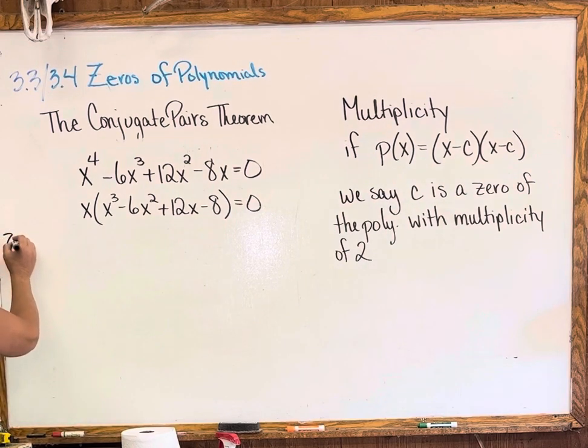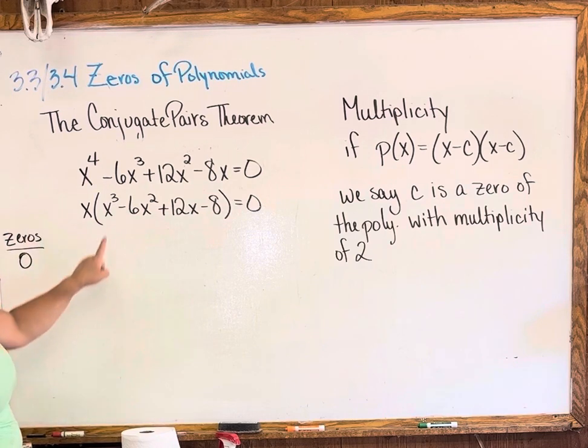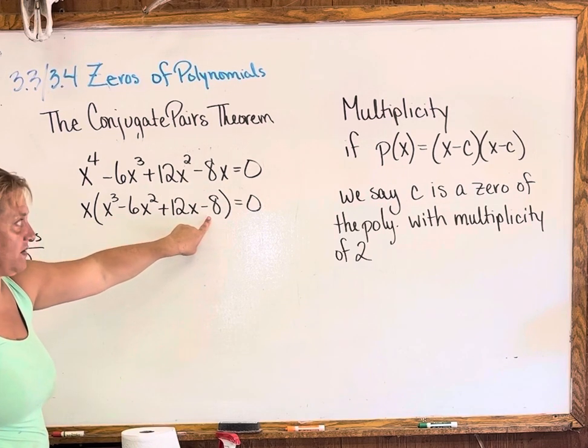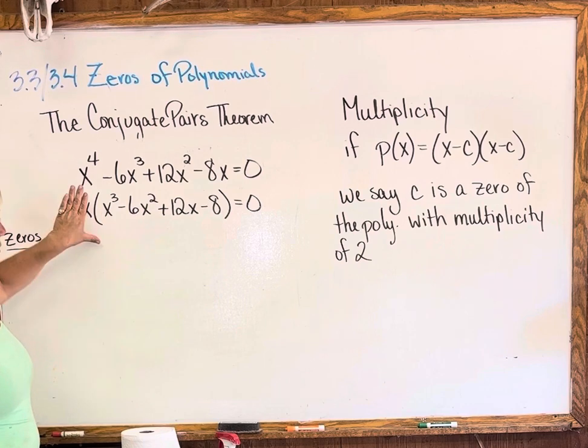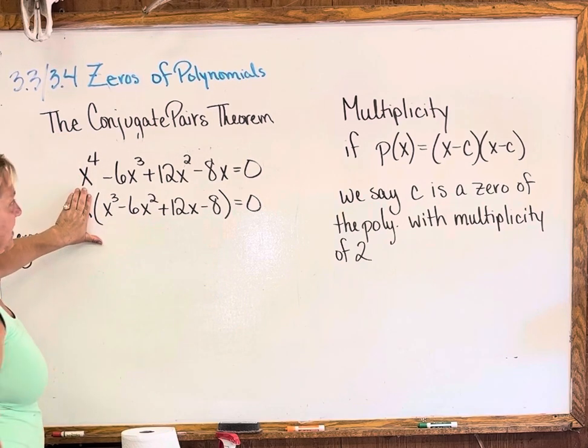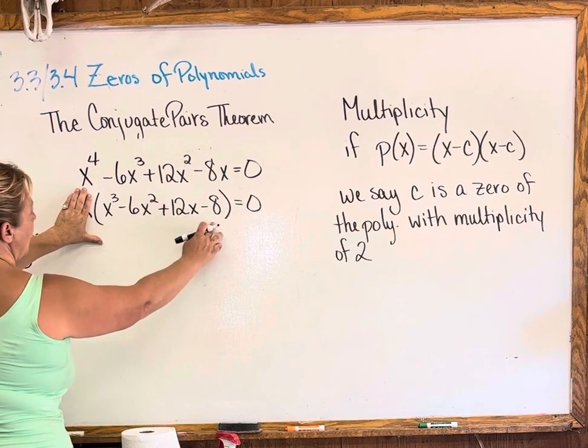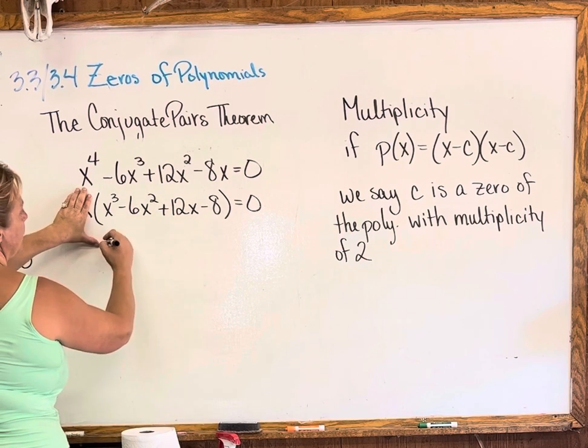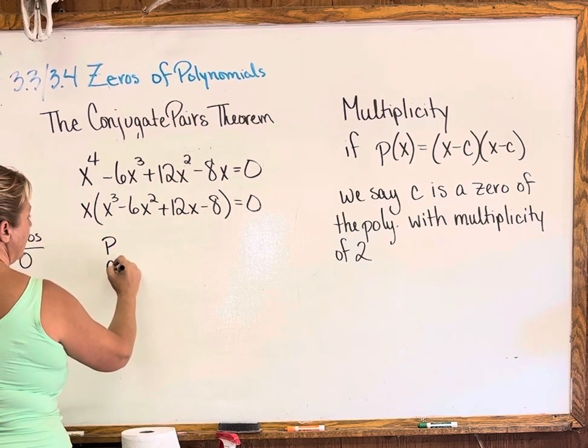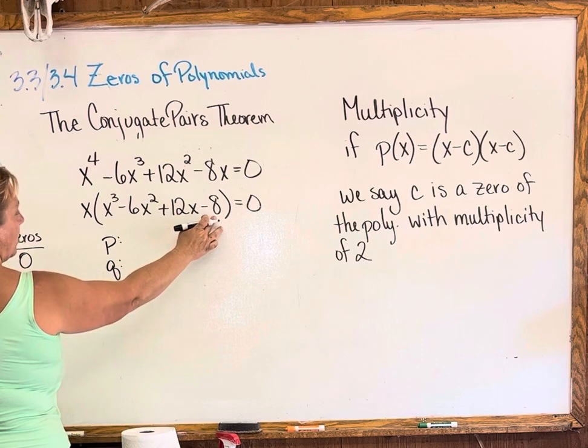For our zeros, we'll just make a list of them over here. x equals 0 is one of them. 0 is a zero of this polynomial, which is fantastic. We're 1/4 of the way there. Now we've got to find the rest of them. So we're not working with the original, we're now working with this guy. So we're going to look at that and we're going to say, let's do the p's and q's now because we have that constant.